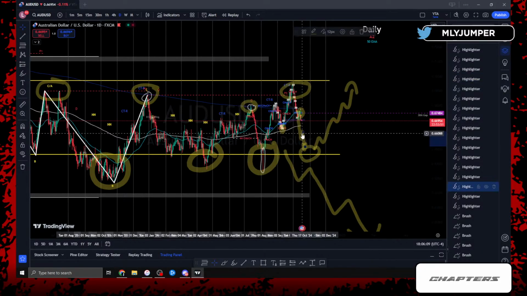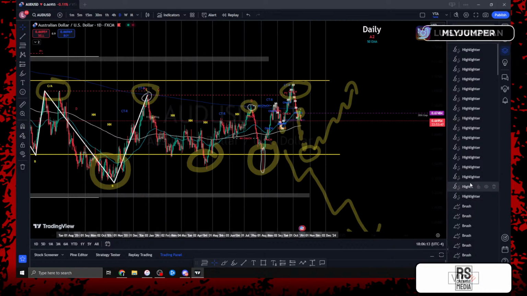Right, this is the one I don't even want to keep this one. Boom. Shit. What did I do? I don't want this one either. That's a brush. Highlighter, I don't want that. Okay, cool. All these other ones, perfect.